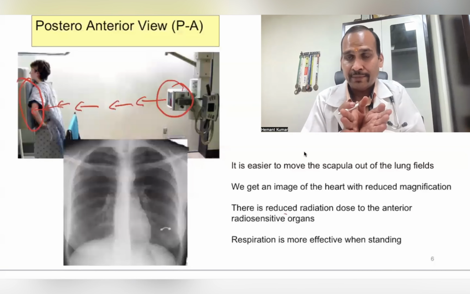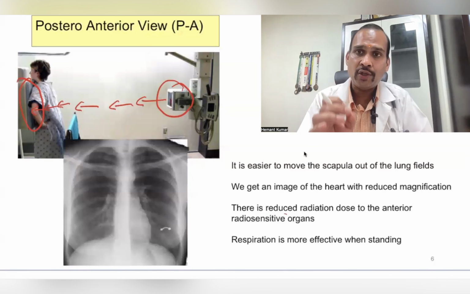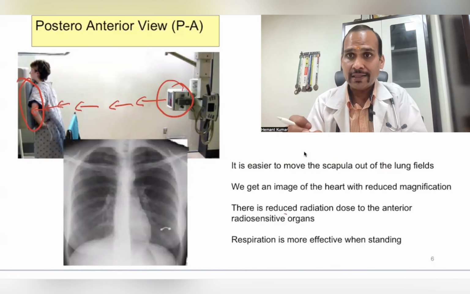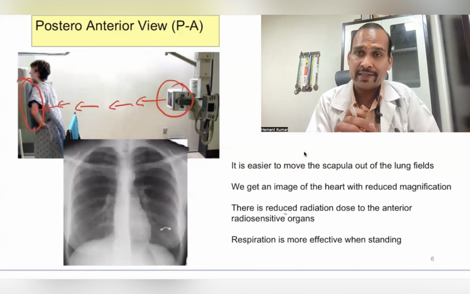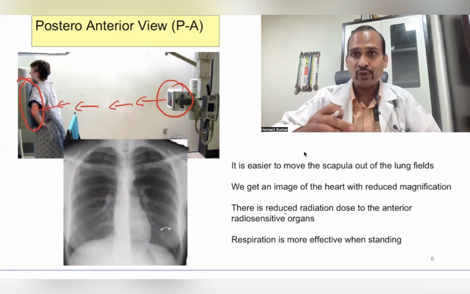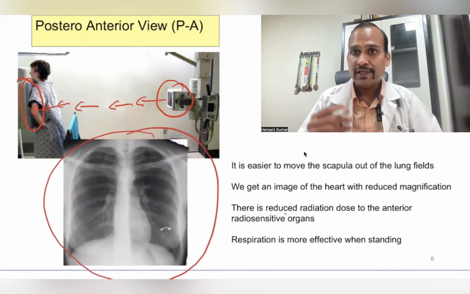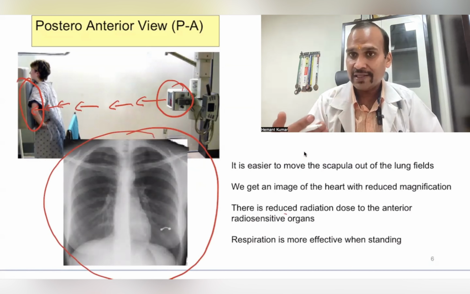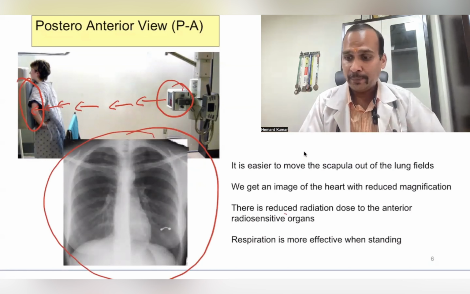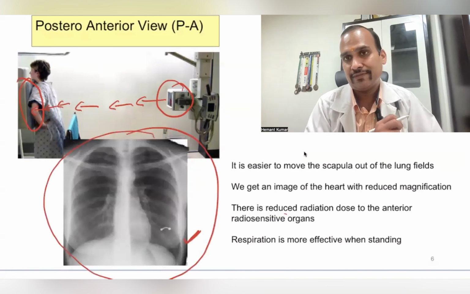So X-ray rays travel from posterior to anterior. That's why it is called posterior anterior view. The structure situated on the posterior side will look anterior in the X-ray film. This is the X-ray film, so whatever we see first are the posterior organs, and at the posterior side of the X-ray, we will look for anterior organs.